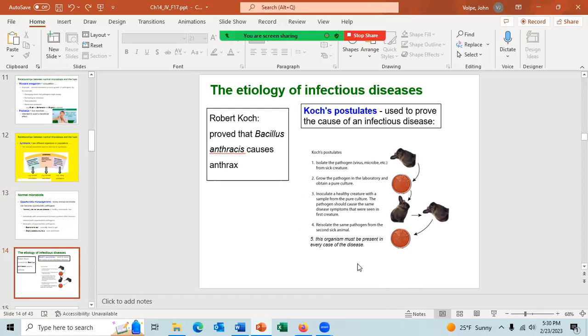This is the first time someone had shown that a microbe caused disease. This was proof that the germ theory was correct. It was not the introduction of the germ theory, but the proof that it was correct.